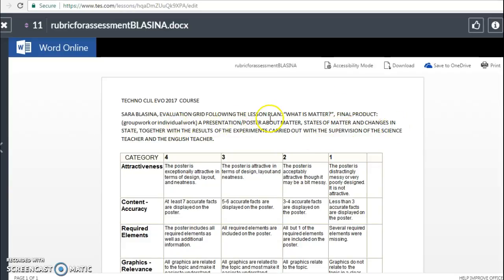Group work or individual work, a presentation poster about matter, states of matter, and changes in state, together with the results of the experiments carried out with the supervision of the science teacher and the English teacher.